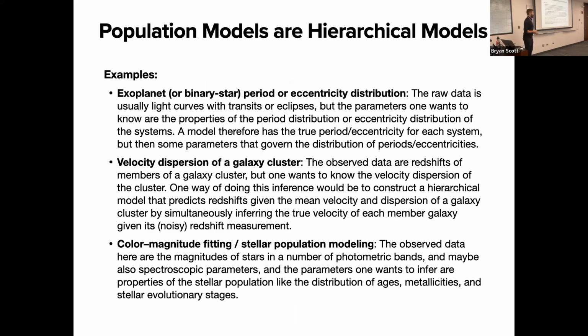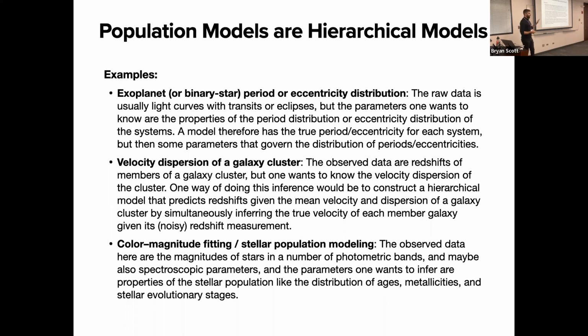Just to give you a couple examples, and we're not going to draw graphical models or go into too much detail, but just to name a few. One example of a population model, and we're going to do an example of this in a minute, is if you have exoplanet or binary star data. Imagine you have a bunch of light curves for exoplanets, transits, or you have radial velocity curves for binary stars. So the data you have are just a raw time series for a bunch of objects.